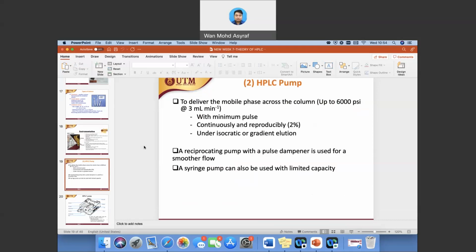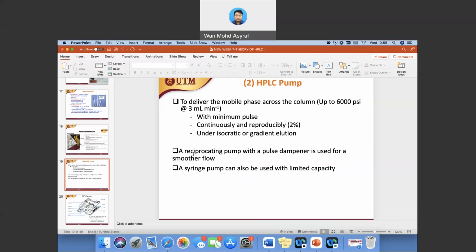It needs to be continuous and reproducible, and it needs to function under isocratic and gradient elution. You will learn towards the end of this lecture what isocratic and gradient elution mean.